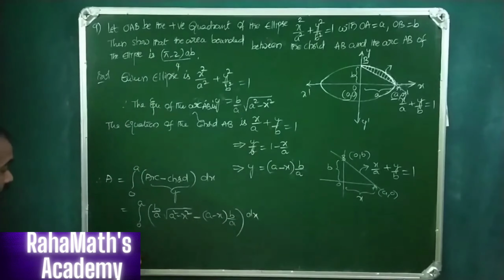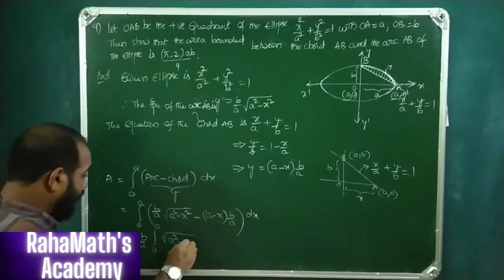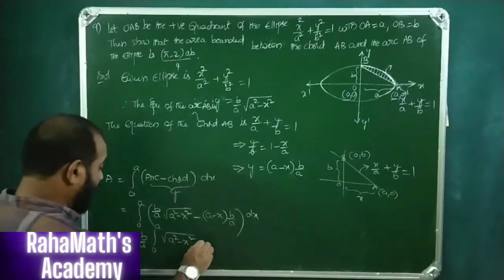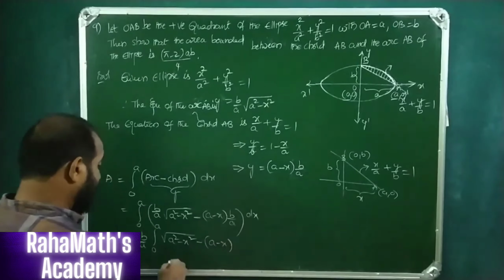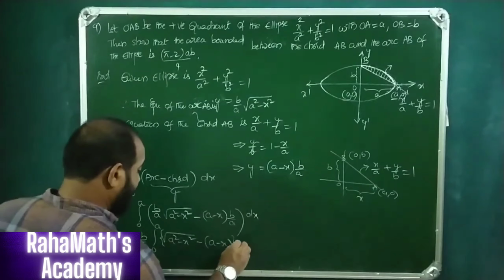This is equals to b by a, which is common in both of them, times the integral from 0 to a of square root of a square minus x square minus (a minus x) dx.